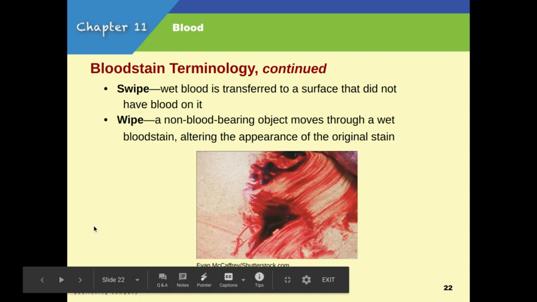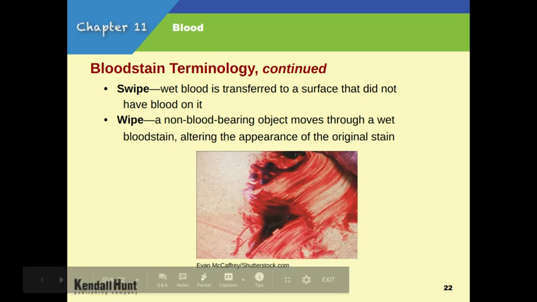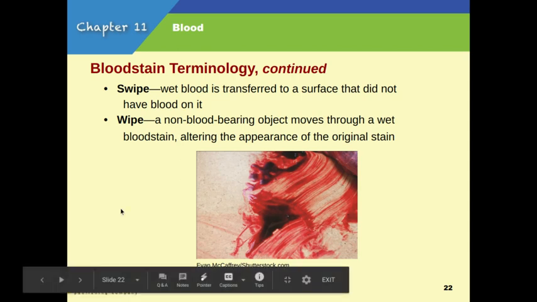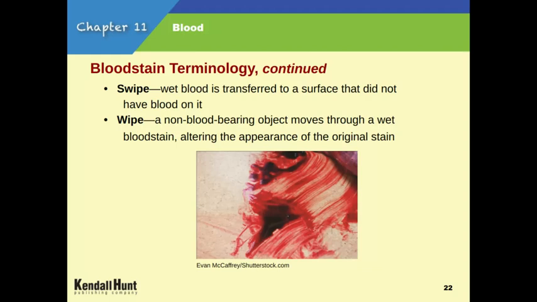Oh, this is a tricky one. The difference between a swipe and a wipe. Okay, so the swipe is if I'm bleeding, my arm's bleeding, and I rub up against a wall. Okay, I'm going to leave a bloodstain on that wall. That's a swipe because my arm is wet. It's coming in contact with a surface that didn't have blood on it. So that's a swipe. A wipe is there's blood already there.